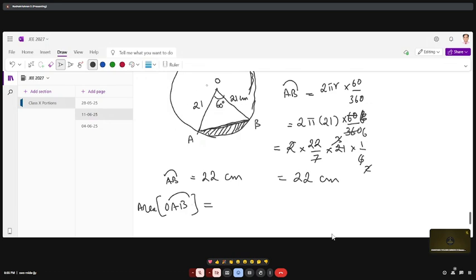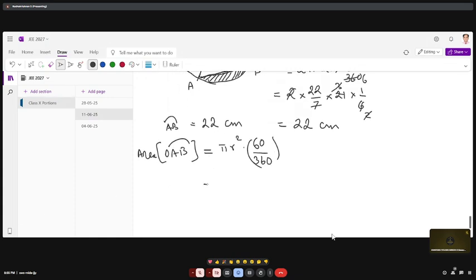Same logic. So what is the area of the circle? Pi r square. Into theta by 360. Same thing. You know, that proportion only you have to take out of the pi r square. Calculate it. r square. R is 21, right?